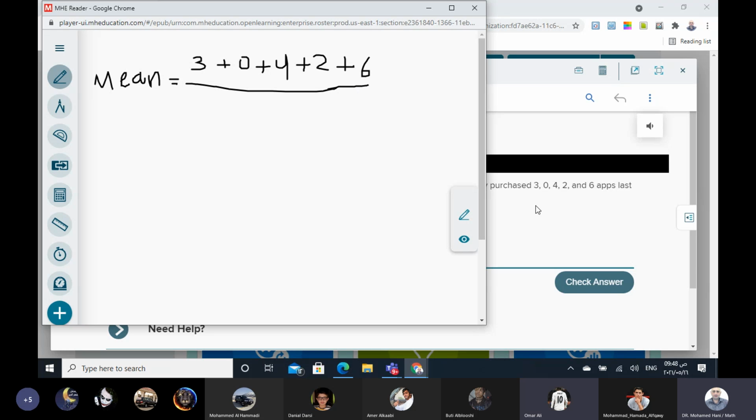How many numbers do we have in this data? 1, 2, 3, 4, 5. So divided by 5.